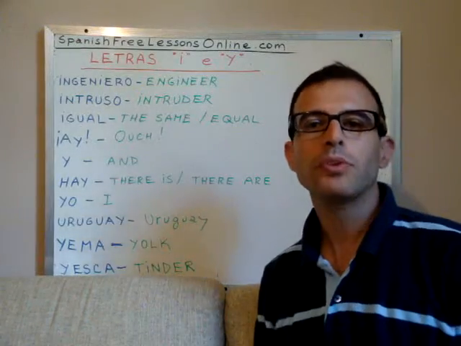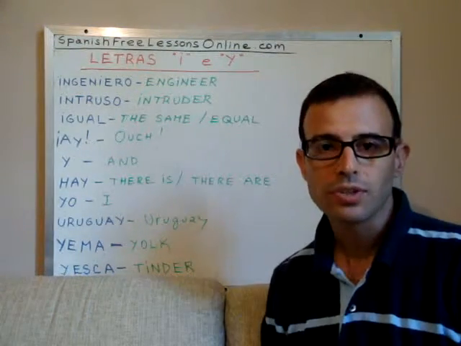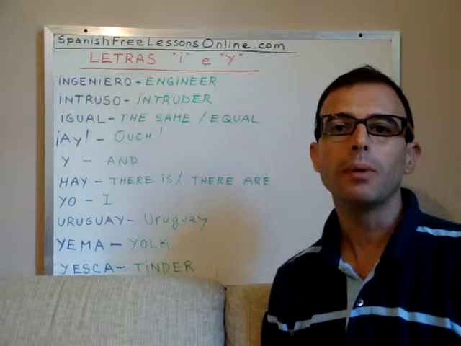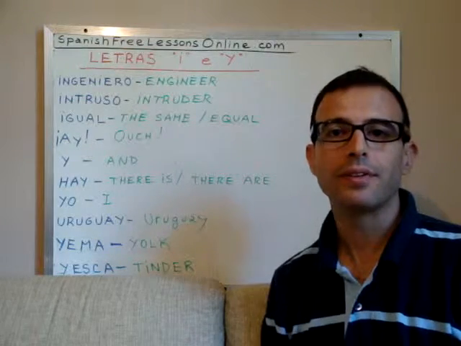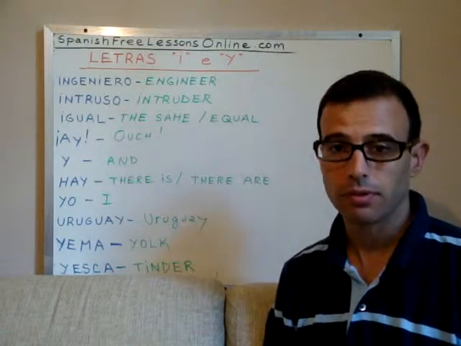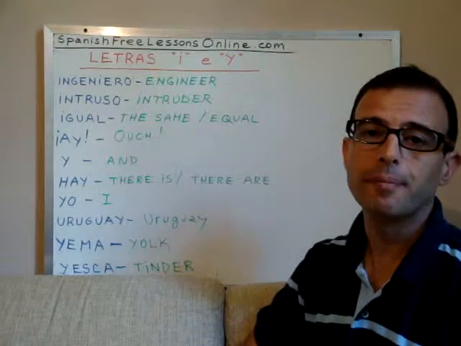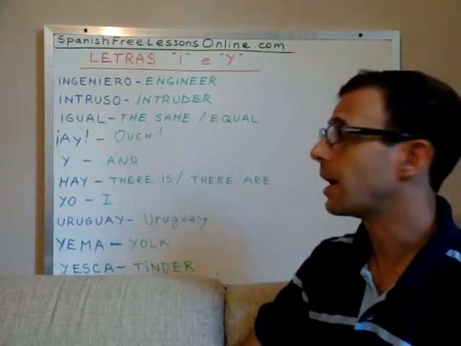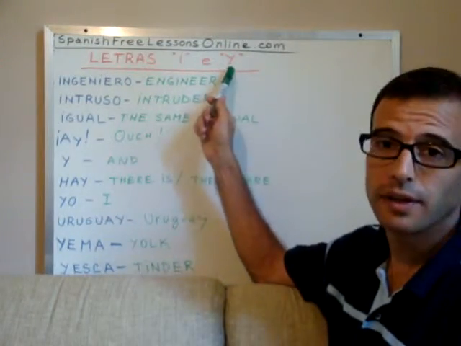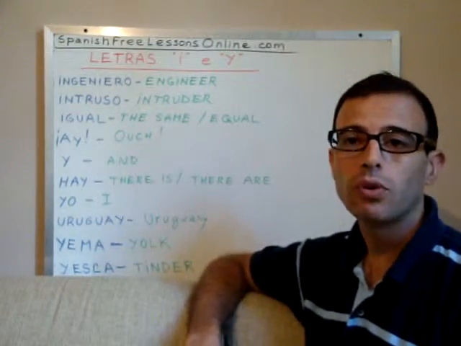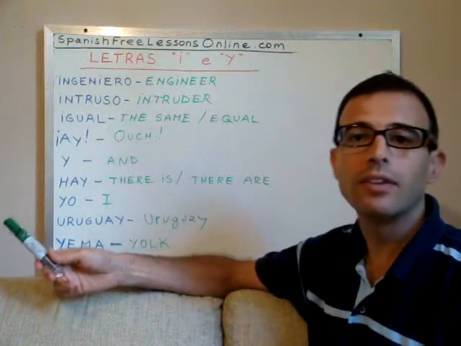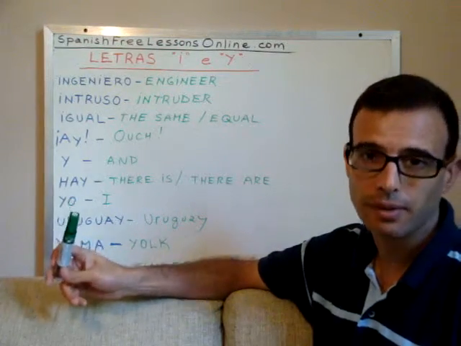Hi, today I want to continue with some more pronunciation, showing you how some specific letters from the Spanish alphabet are pronounced. In Spanish we have these two letter I's, right? Actually the I and the Y. In Spanish one is called the Latin I and the other one is called the Greek I, right?